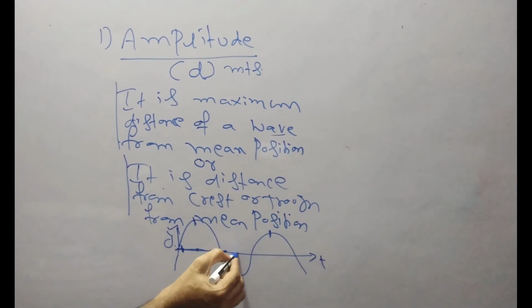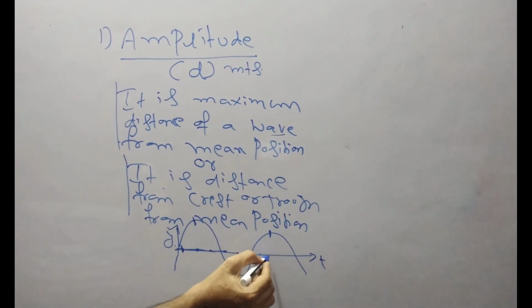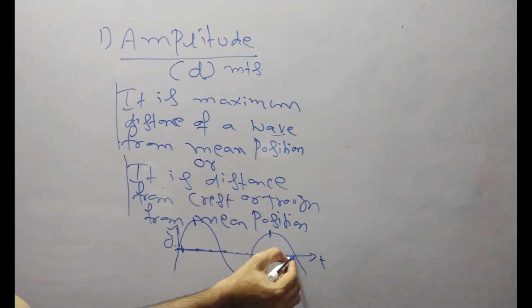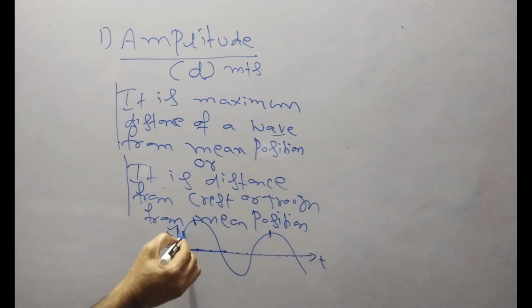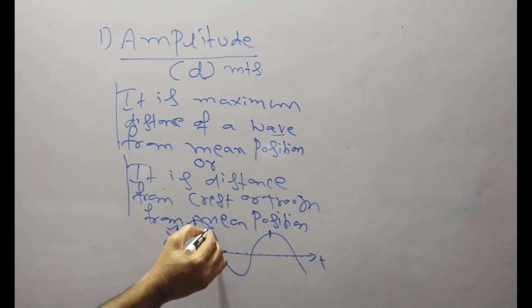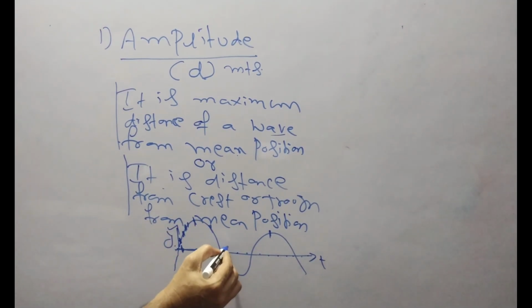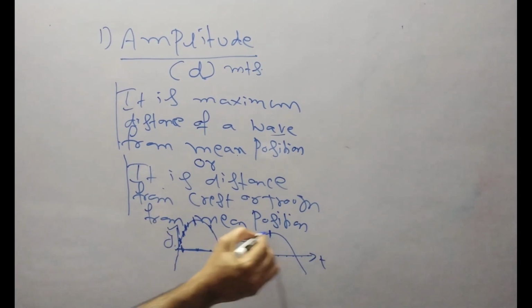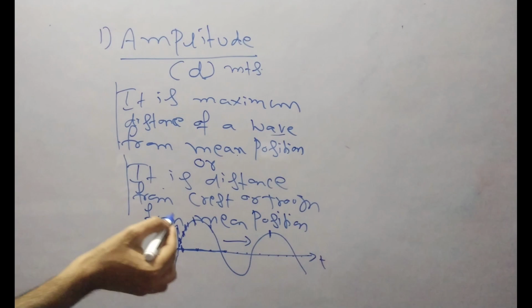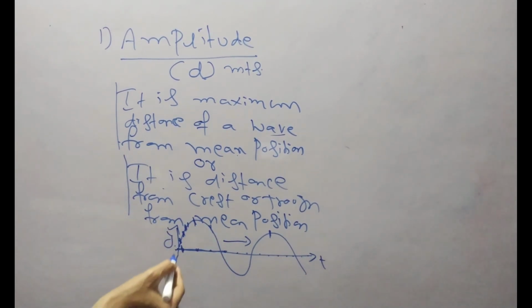When you take particles on the wave, they are vibrating in the direction perpendicular to propagation, hence it is known as a transverse wave. Already in the previous videos I explained what is a transverse wave.